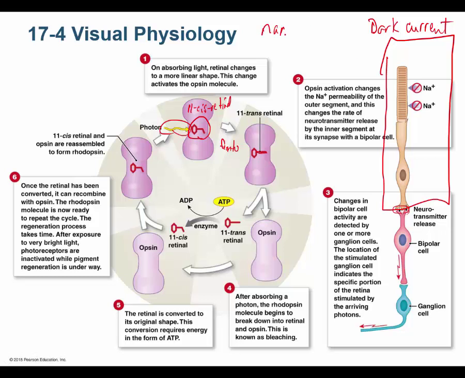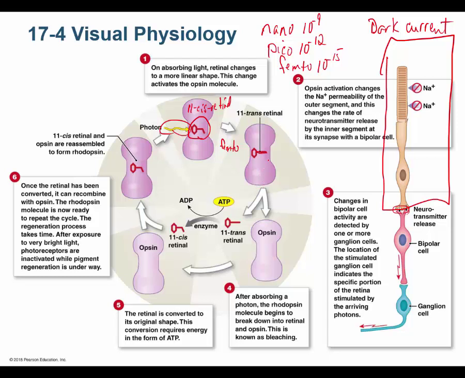Nano is 10 to the negative 9, 1/1000000000th of a second. Pico is 10 to the negative 12th. Femto is 10 to the negative 15th. So this reaction is 10 to the negative 15th of a second. That's how fast it is. All right, so this is a femtosecond type of reaction. Now I have all trans retinal right there.